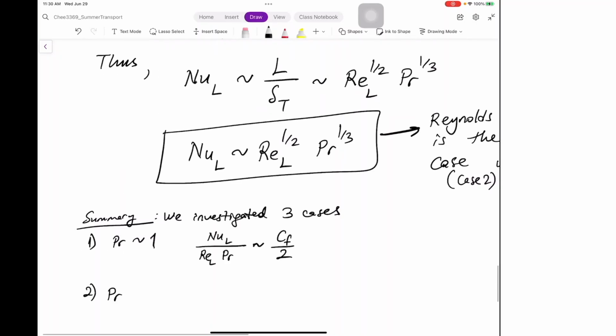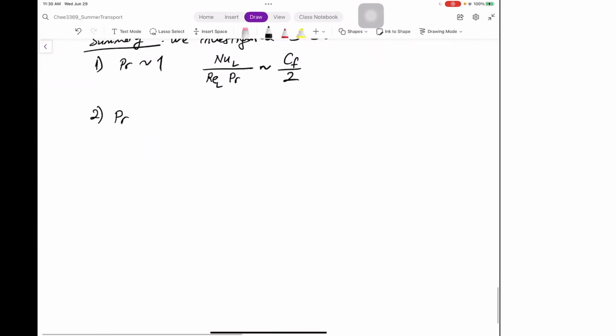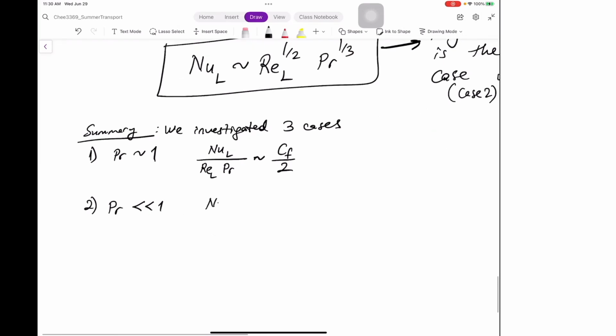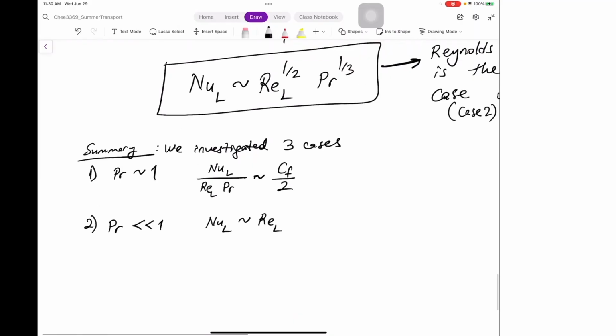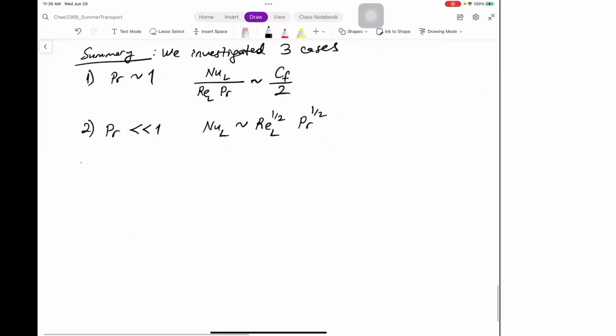For Prandtl number much less than 1, we got the Nusselt number scaling with Reynolds number to the power 1/2, Prandtl number to the power 1/2. And for Prandtl number much larger than 1, Nusselt number scales with Reynolds number 1/2, Prandtl number 1/3.